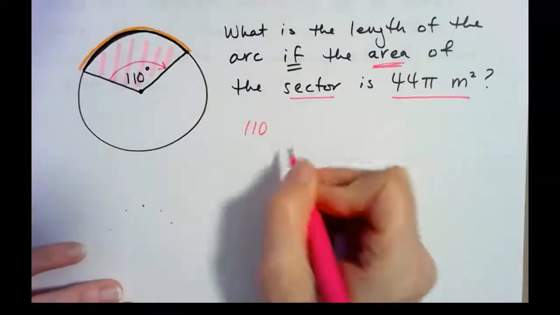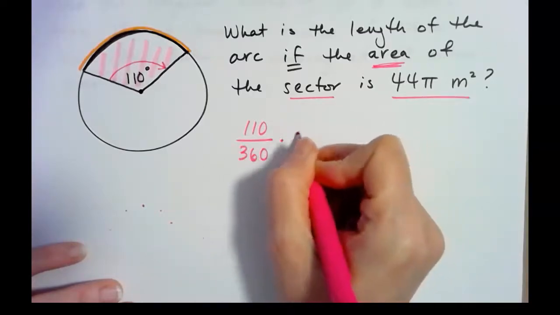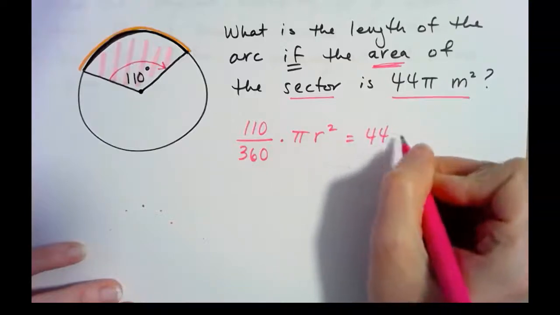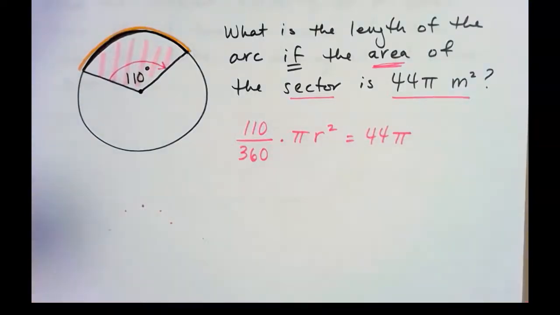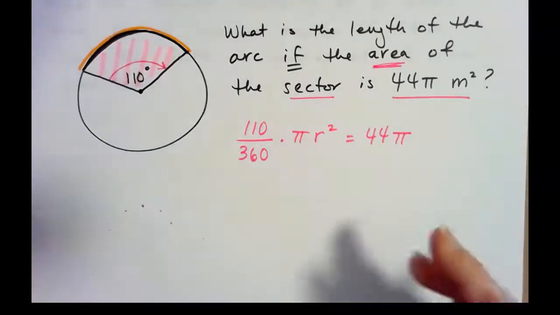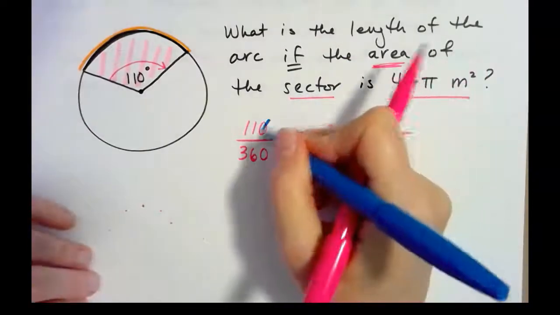So 110 out of 360 times pi r squared equals 44 pi. So we need to go backwards because we need to know the radius of this circle. So this is our equation, and let's start simplifying. So first thing, let's cancel the zeros.